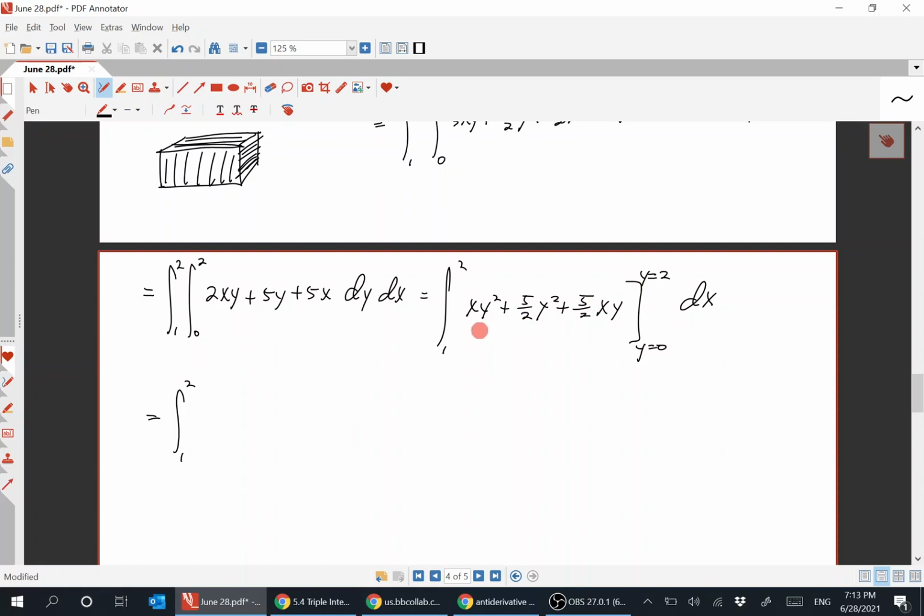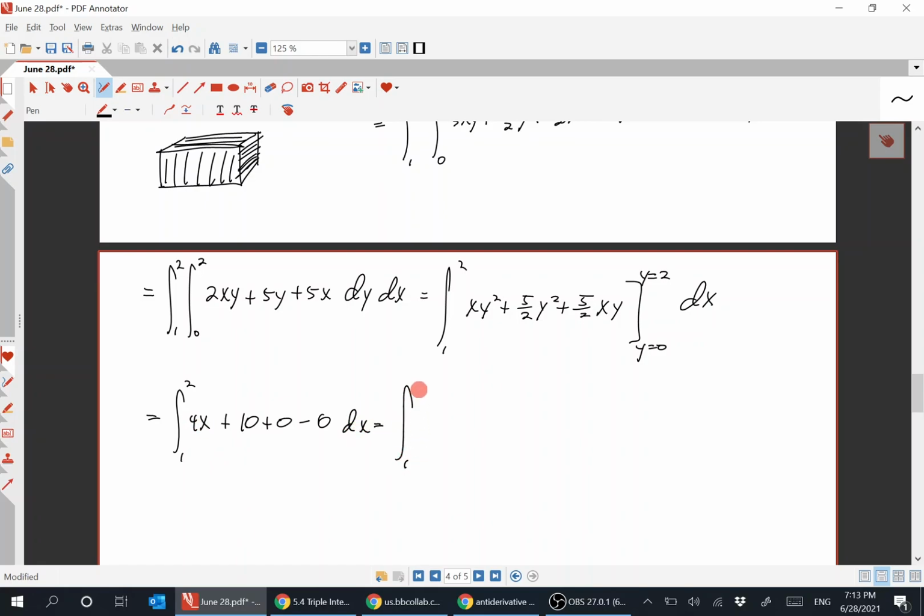So at 2, for y, this is 4x plus 4 times 5/2 is 10. Plus 5/2 xy, that's just 0. Minus, evaluating the whole thing at 0 gives me 0. So 4x.